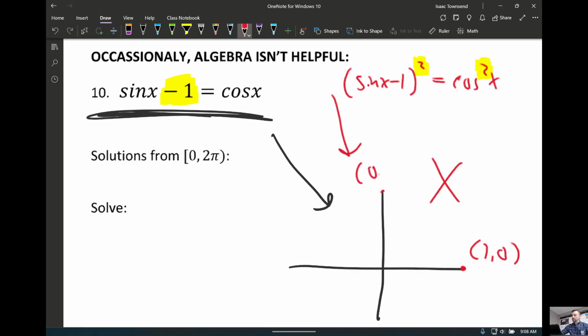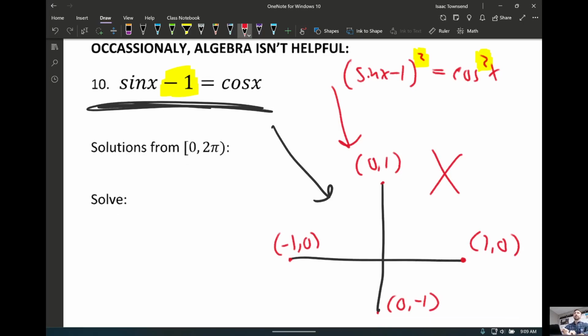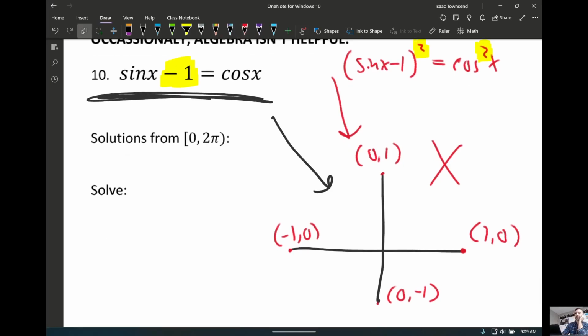At pi over 2, sine and cosine are 1 apart. At pi and 3 pi over 2. Those are the only 4 times where sine and cosine are 1 different from each other. So really you only need to check these 4 spots.